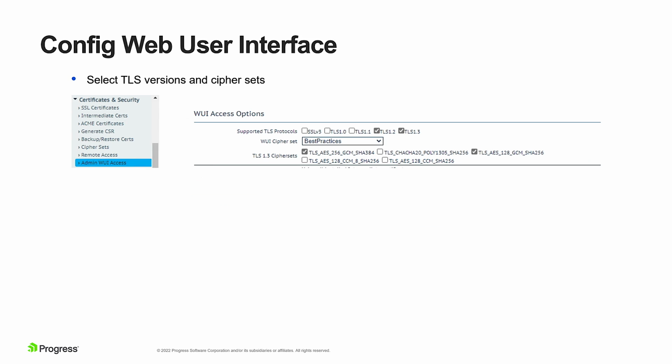There are actually lists of cipher sets on the appliance. Under that certificates and security cipher sets button, you can see all the cipher sets that are available, and you can see what ciphers are assigned to each cipher set. You can also create custom cipher sets. This is also where you would adjust the TLS versions you want to use. And for TLS 1.3, it's where you can adjust the cipher sets you want to use within TLS 1.3 as well.